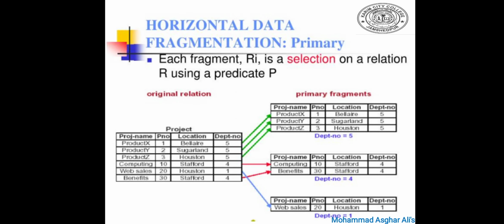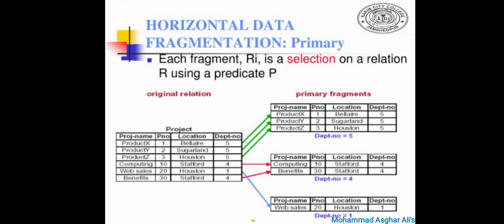Now, as I told you, horizontal fragmentation is again divided into primary and derived. Here from this figure we show primary fragmentation. A primary horizontal fragmentation is defined by a selection operation on the owner relation of a database schema.